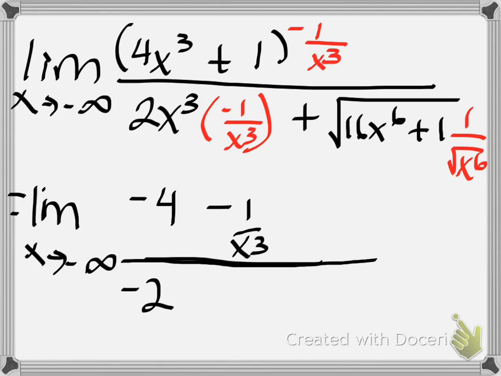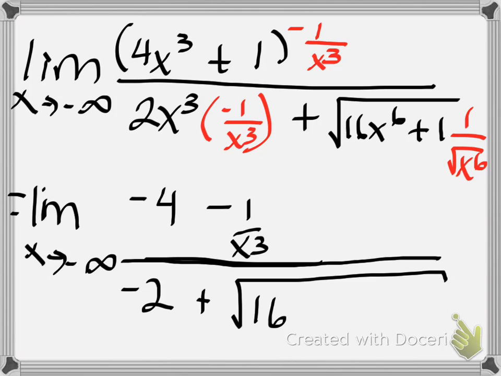Everything under the square root stayed the same sign because x to the 6th was already positive. So 16x to the 6th over x to the 6th was just 16, plus 1 over x to the 6th. We don't need another square root there because it's all underneath the bigger square root. So that's enough for that.